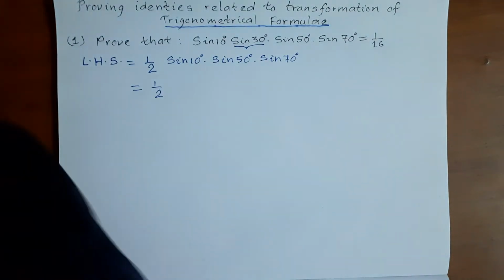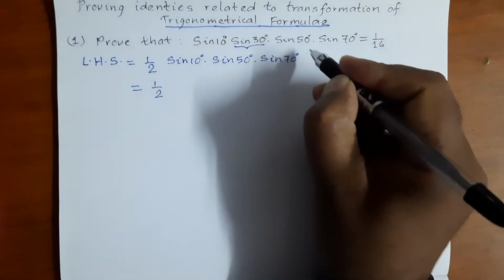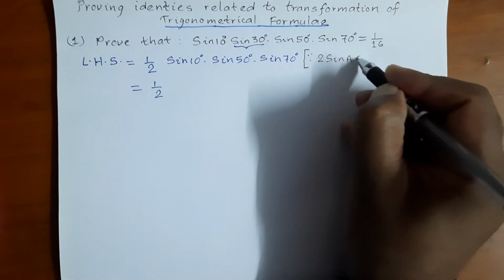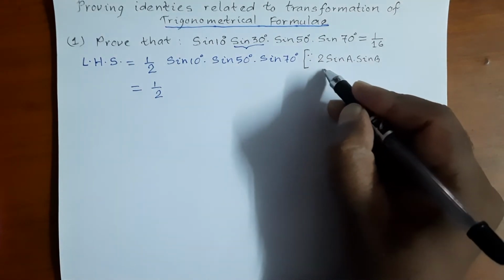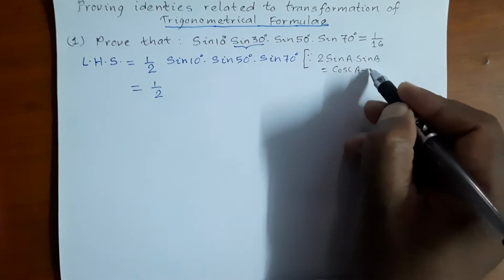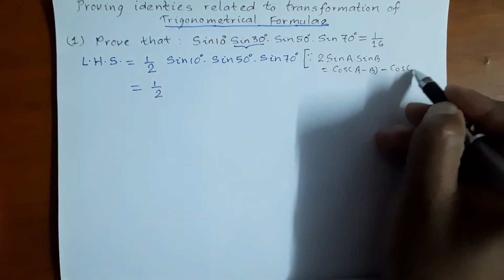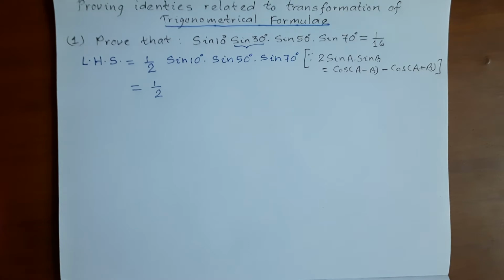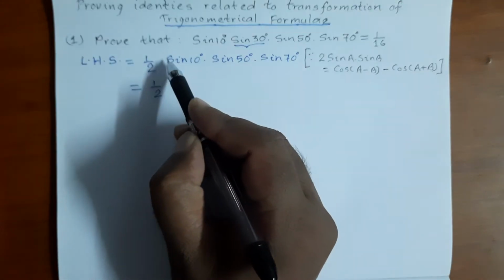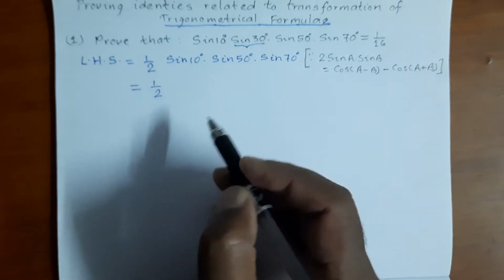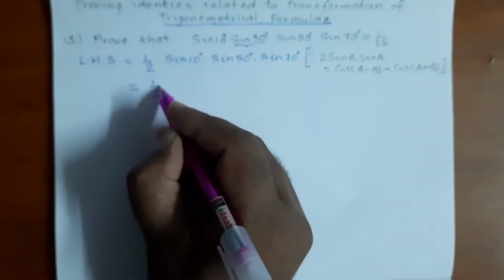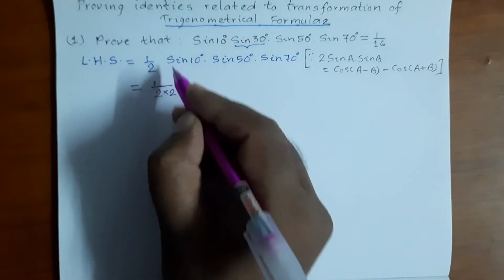To use the 2 sine A sine B formula, which is cos A minus B minus cos A plus B, we should multiply numerator and denominator by 2. So here in the denominator we multiply by 2, and here also we multiply by 2.